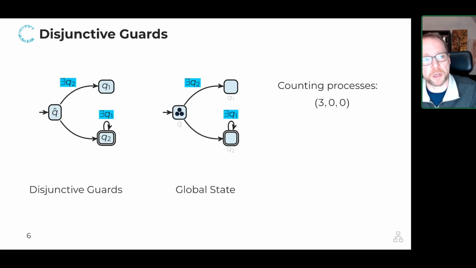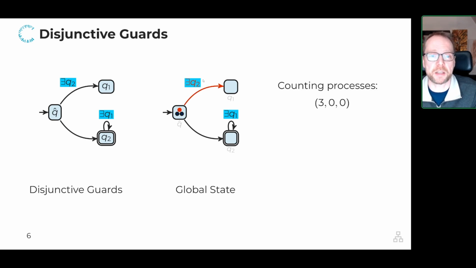So moving on to another system model that is actually closely related to lossy broadcast, which is systems communicating through disjunctive guards. So here, a transition can be labeled with a guard that in this case says exists Q2. So I also like to call them existential guards. Actually, I like that better because the semantics of this is, if a process, now here again, we start with 3 processes in the initial state.